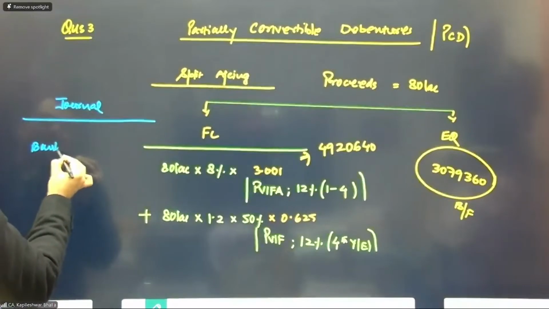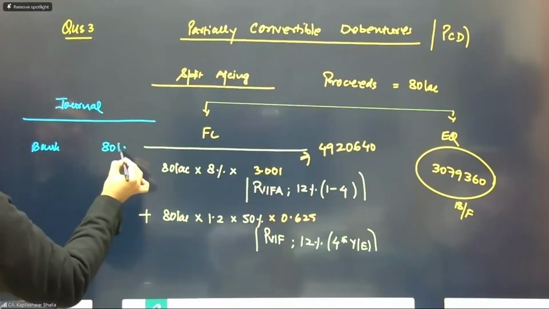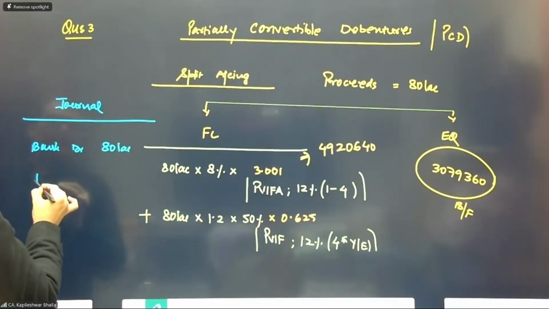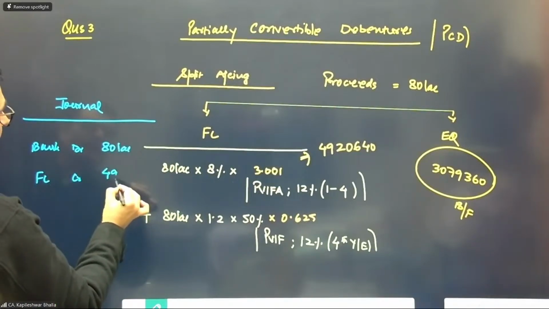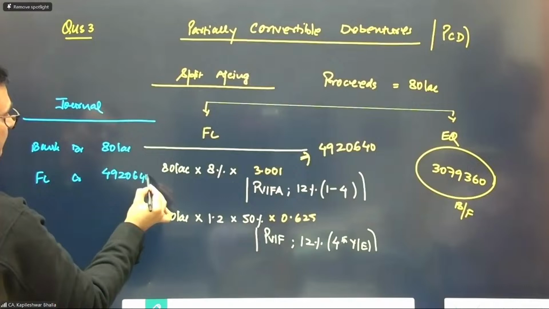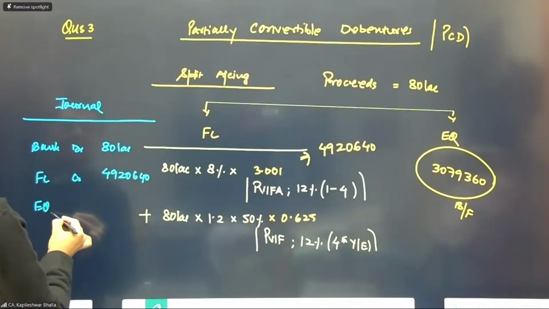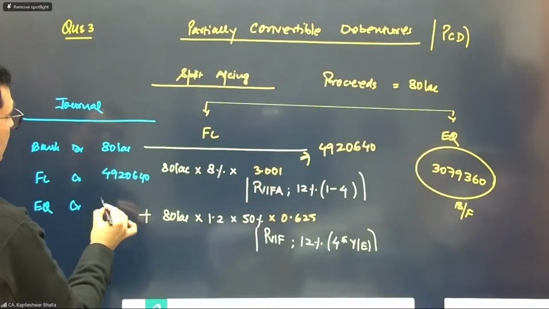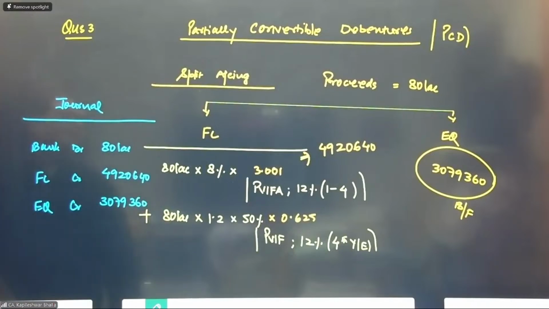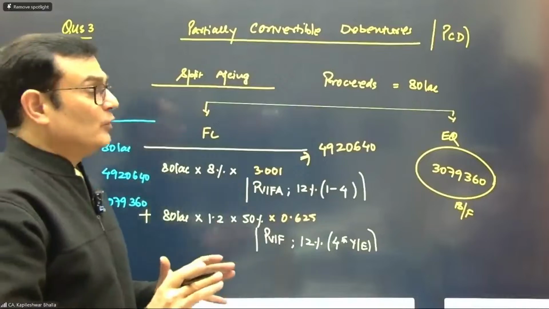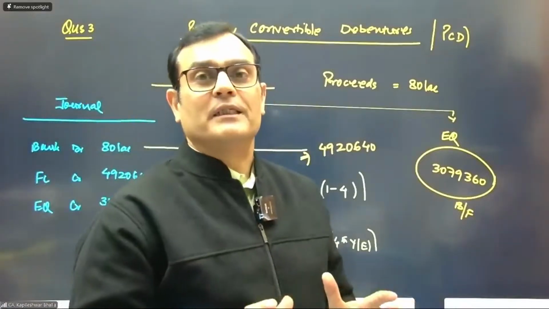So bank gets a debit to the extent of 80 lakhs. The financial liability gets a credit to the extent of 49,20,640, and the equity gets a credit to the extent of 30,79,360.